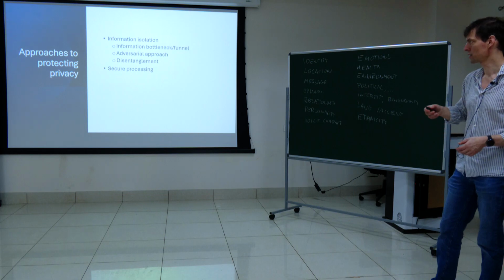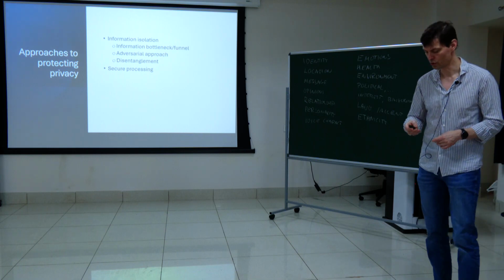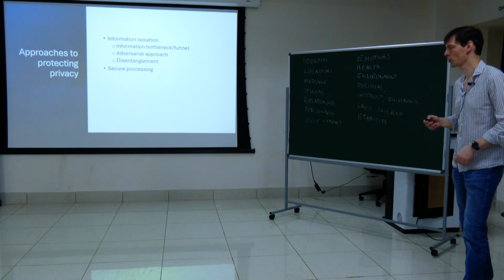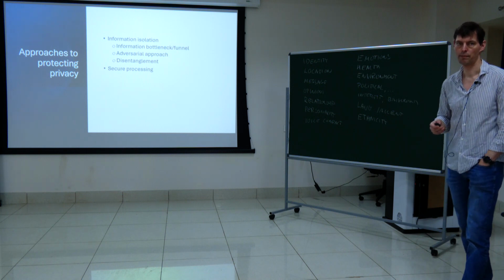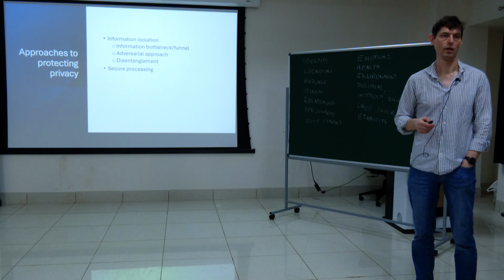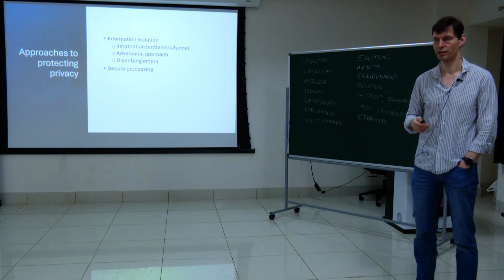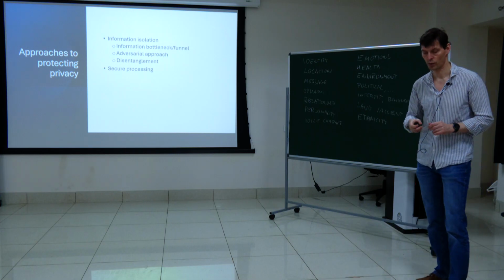So information isolation is, I think, currently the most important approach. But secure processing is a different category of things. That refers to cryptographic methods or some other infrastructure which keeps the information where it's supposed to be.